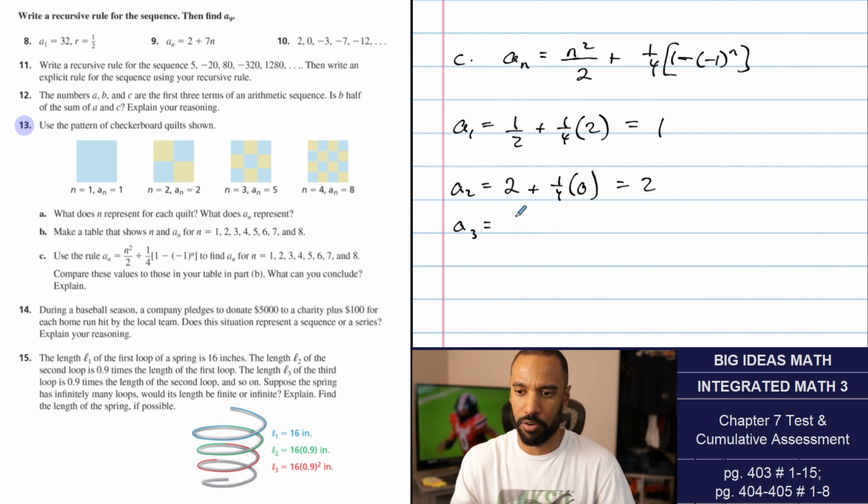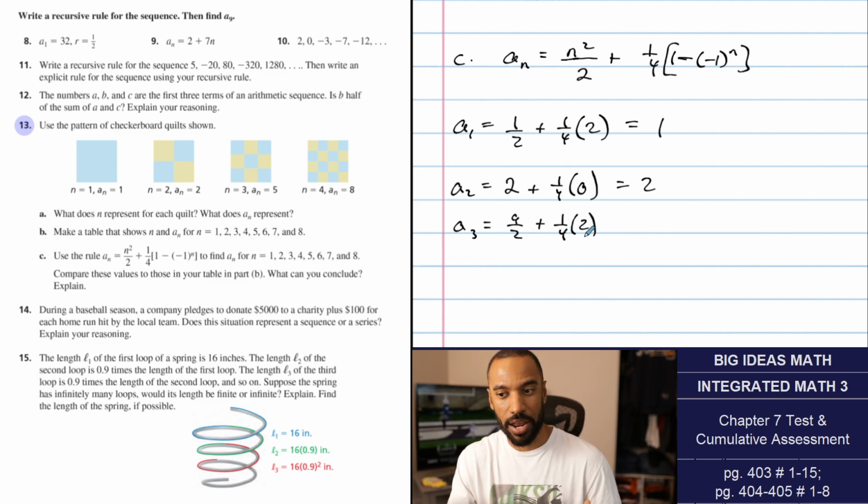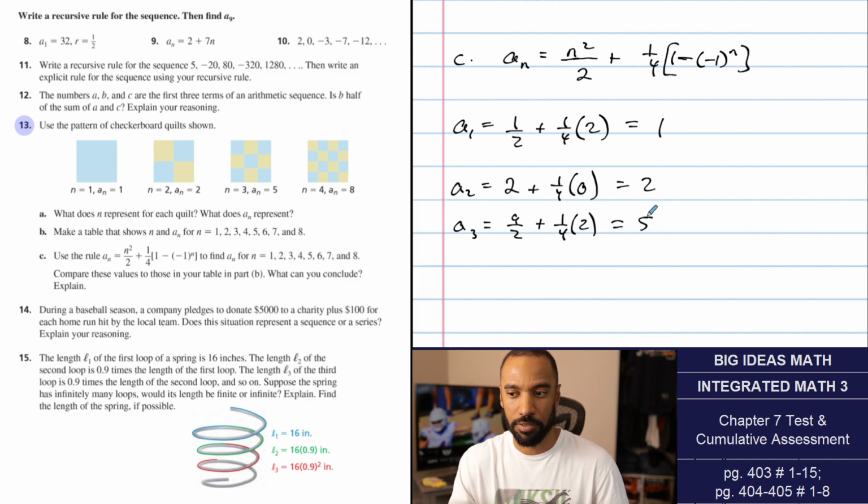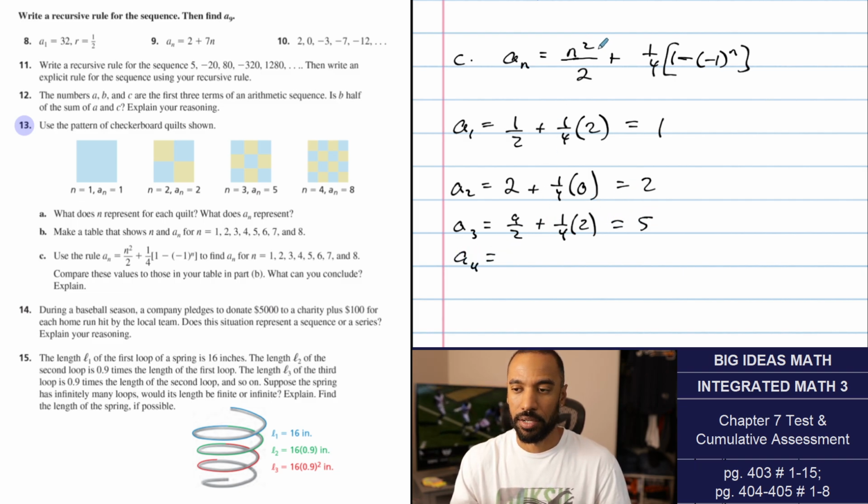A sub 3, 3 squared over 2, which is 9 halves. So we're going to do 9 halves plus 1/4 times 2 again. So either this is going to be adding 1/2 or adding 0. And this one adding 1/2 is 10 halves, which is 5. Next one is 16 over 2, which is 8, and then plus 0 is going to happen.